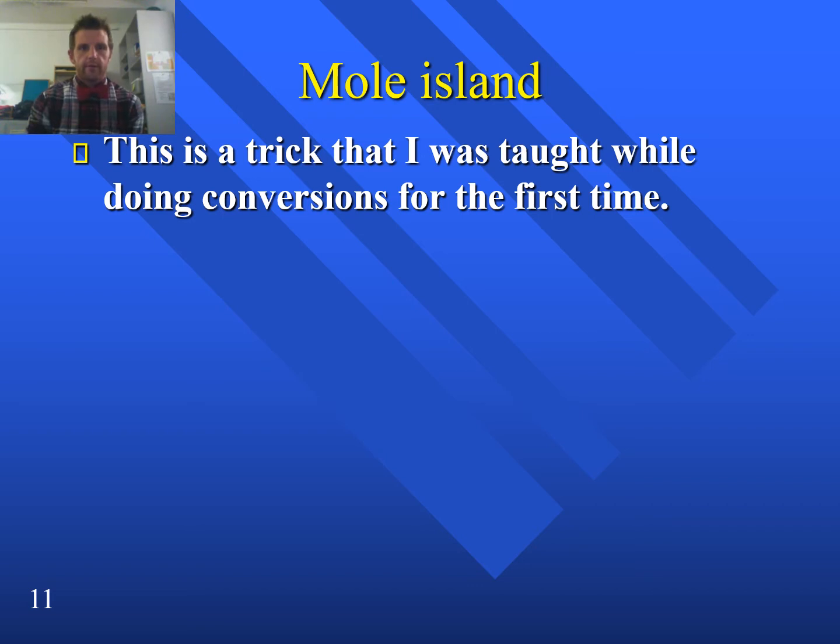Okay, so when I was first learning stoichiometry, I was taught a little trick, and it was called Mole Island. So a good way to remember the order in which you have to go through these problems is pretend like you have 3 different islands.